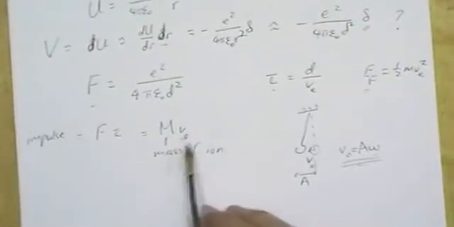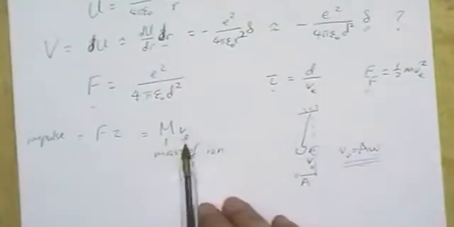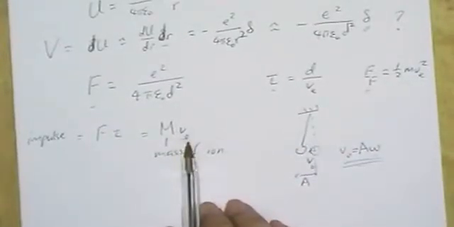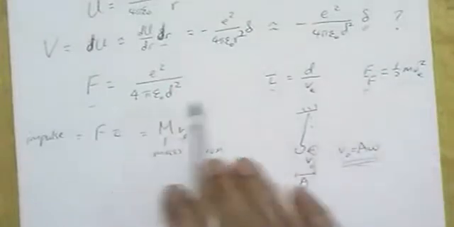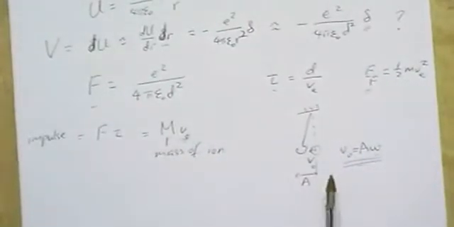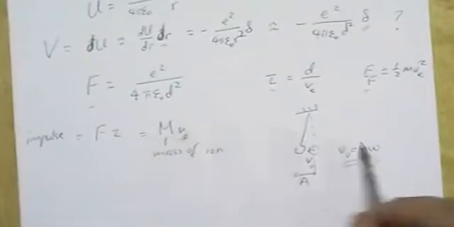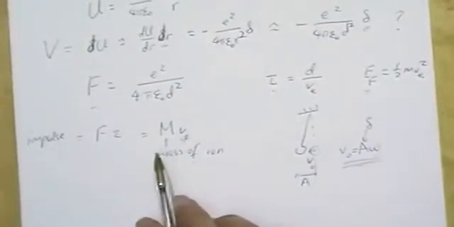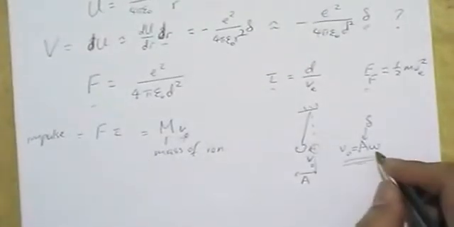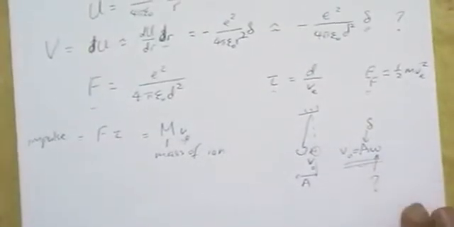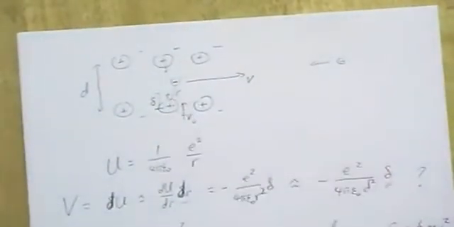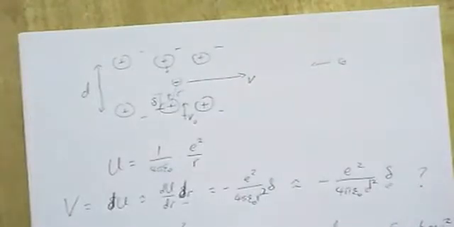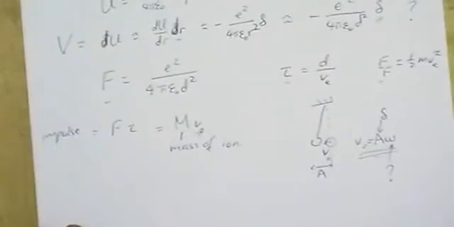Now, you see that we know how to estimate the starting velocity of the ion from these relations, but in order to find the maximum displacement, which corresponds to the delta in our problem, we must know the angular frequency of this ion. Now there is a very simple way to estimate that maximum frequency.